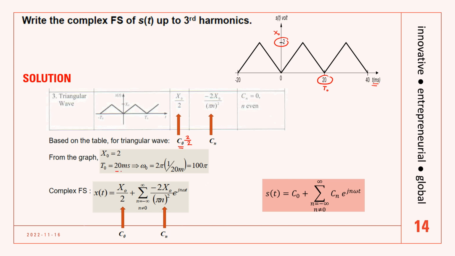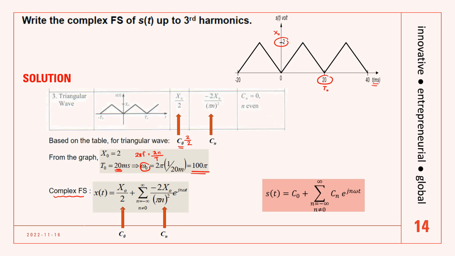From here you can determine your omega, because omega is 2 pi f, which equals 2 pi over t. Since t is 20 millisecond, it's 2 pi divided by 20 millisecond, so it's going to be 100 pi.